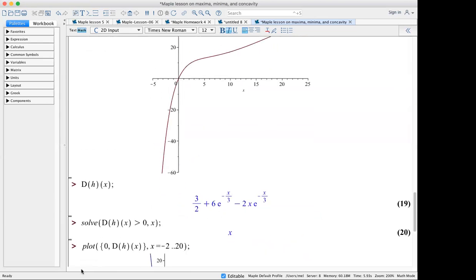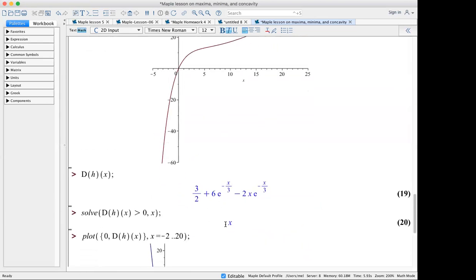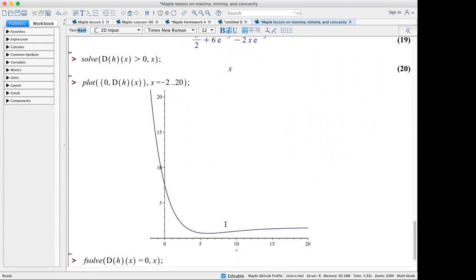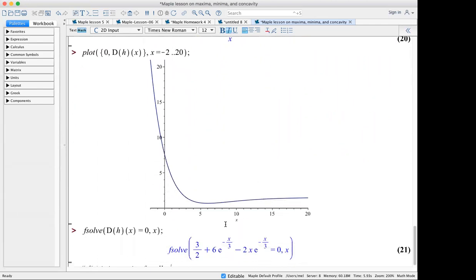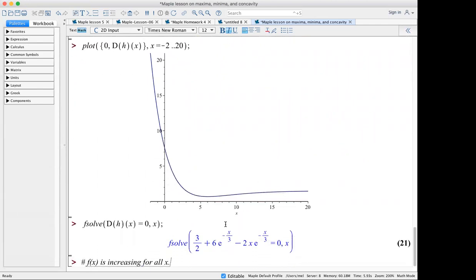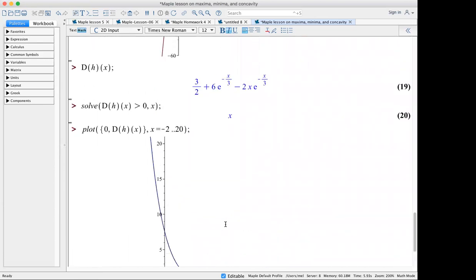Increasing for all x. Maybe that's what this means, but I don't know. But the derivative is always positive, so the function is increasing for all x.